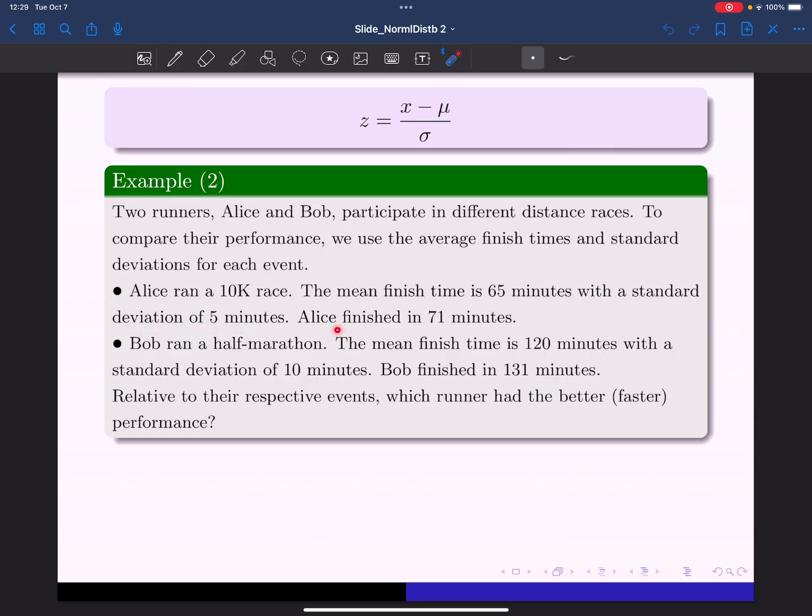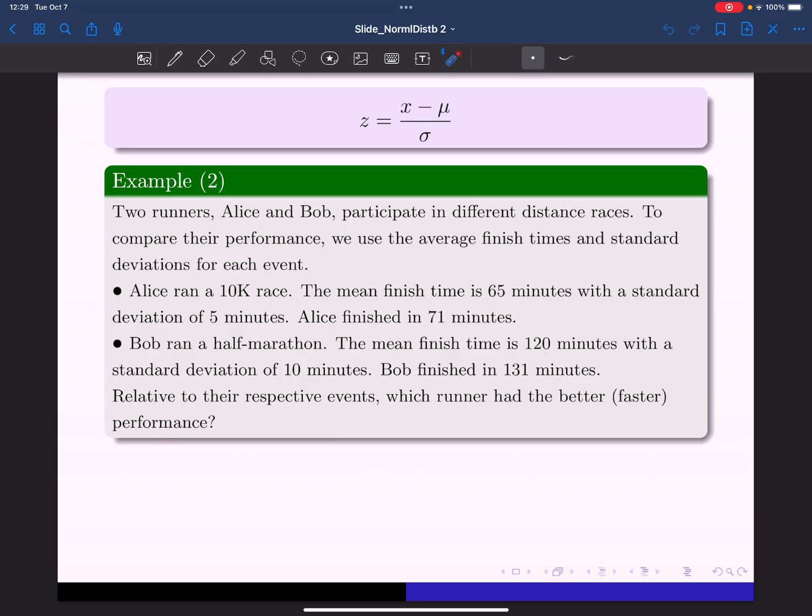Alice finishes in 71 minutes. Now Bob runs a half marathon. The mean finish time is 120 minutes with a standard deviation of 10. Bob finishes in 131 minutes. Relative to their respective events, which runner had the better performance?